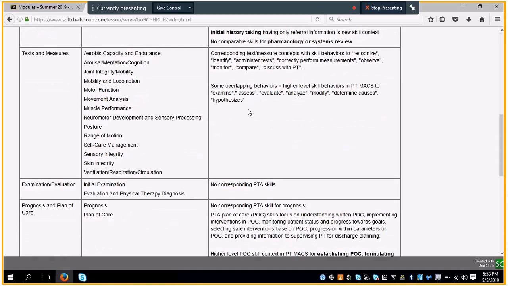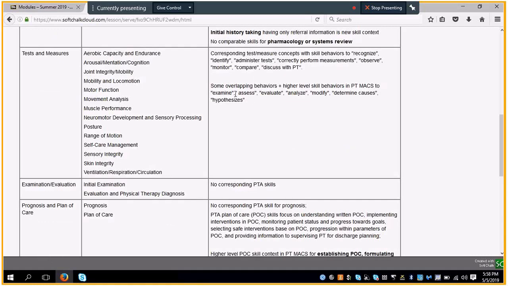For test and measures, there are some overlap and similarities. When comparing the PT and the PTA tools, one of the biggest differences is the behavior level that is expected. So as a PTA, it's more to identify, to administer, to monitor, and of course discuss with PT as appropriate.